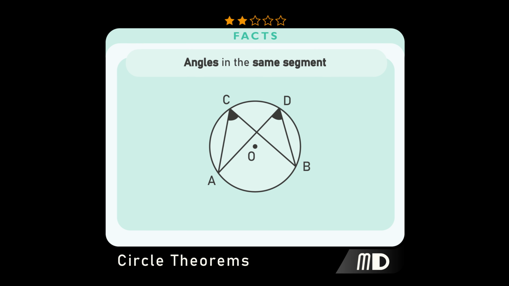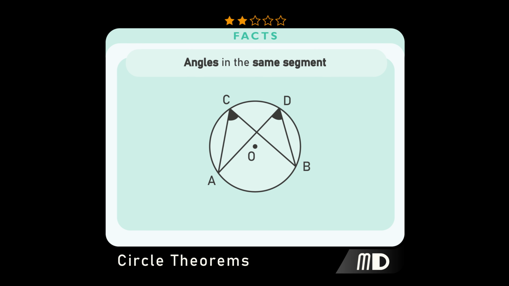But before we go any further, let's define four terms. A chord is a line segment that connects 2 points on the circumference of a circle. An arc is a portion of the circumference of a circle, where the longer arc is the major arc.